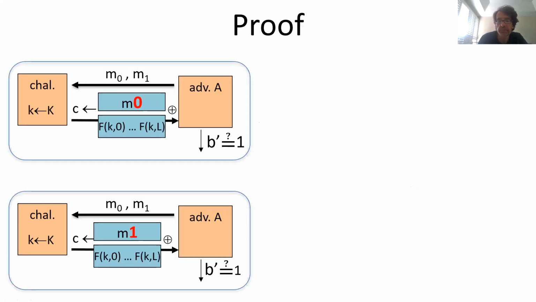Here is the proof by pictures. Basically, this is nothing new. If the challenger encrypts M0, the ciphertext that this attacker gets is an XOR between M0 and all these consecutive values of the block cipher output. In the other case, it gets to see M1 XORed with this consecutive block cipher output.